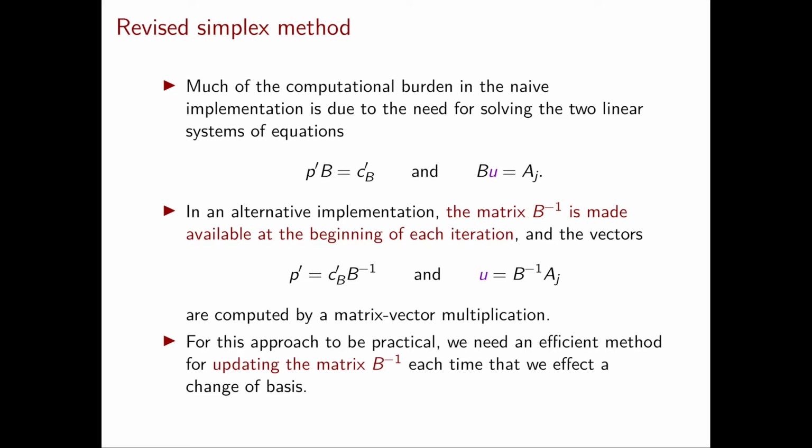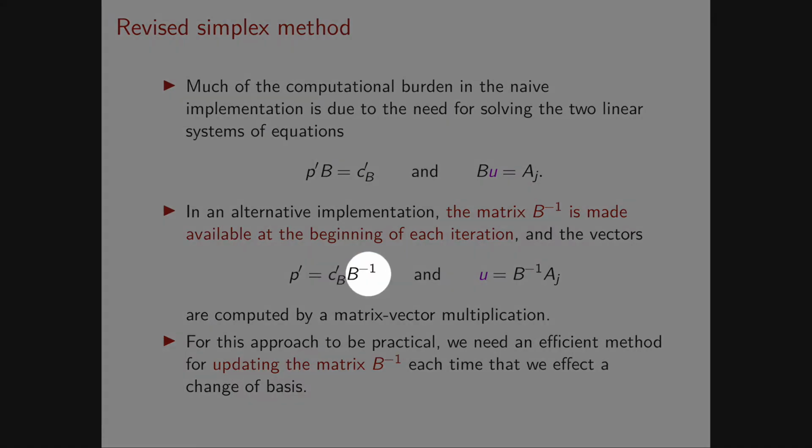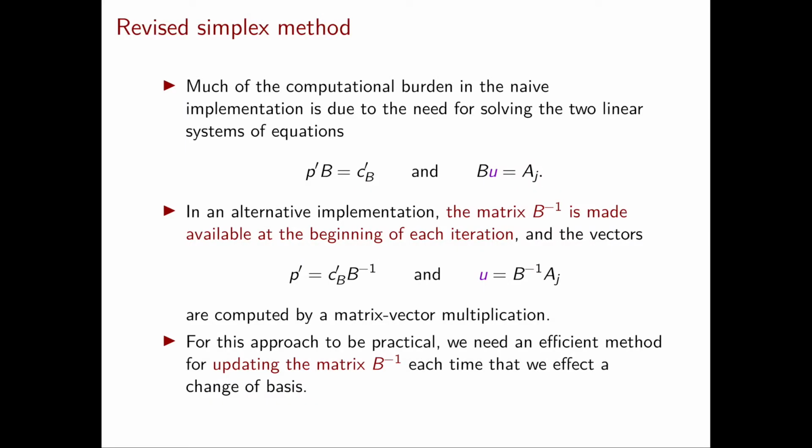However, the main difficulty here is that we don't in fact have the matrix B inverse. And if we wanted to compute B inverse starting from B, it would take us again m cube operations. And so we would obtain once again the same running time of the naive implementation.